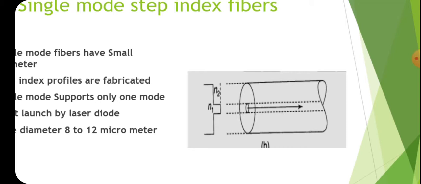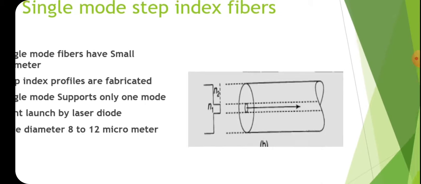That means the core has a smaller diameter, of the order of 8 to 12 micrometers. Its refractive index is n1, uniform in the core, and the cladding refractive index is n2, which is smaller than the core refractive index. So it is shown like a step.